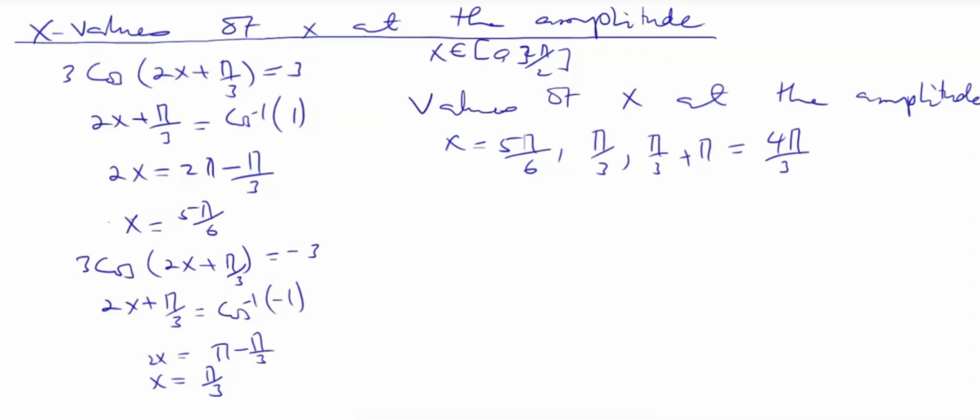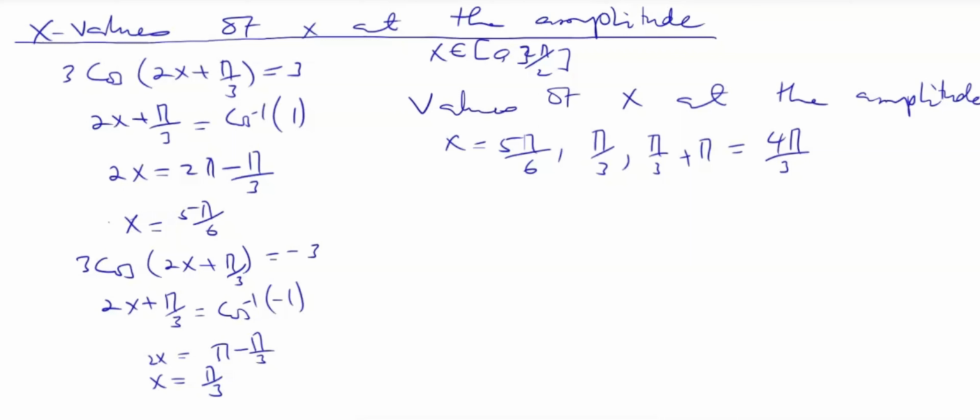So there are 4 things we have to do: the values of the x-intercepts, the y-intercept, the values of x at the amplitude, and also the endpoints. We know that when x is 0, it's 3 over 2, so we already calculated that. The other endpoint is negative 3 over 2.